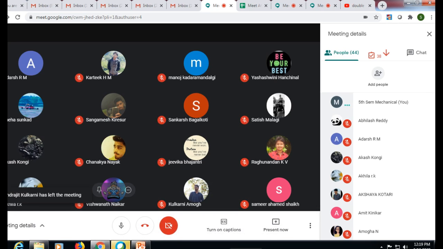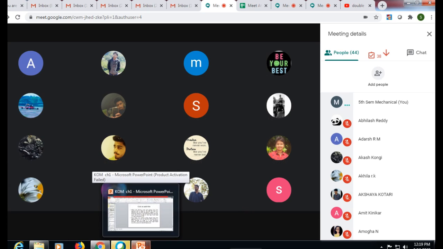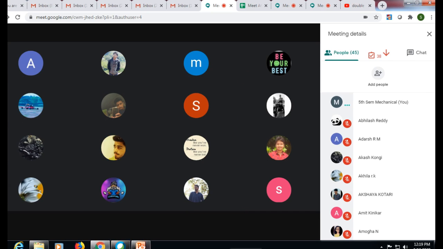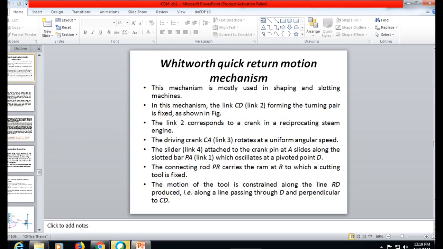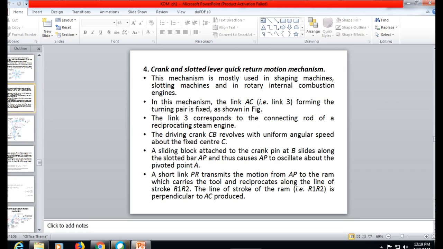I have given you a number of possible inversions, so you can go with any one inversion for the exam. You can study the Whitworth quick return, or you can go for the crank and slotted lever quick return mechanism. These are the different inversions possible for the single slider crank mechanism.